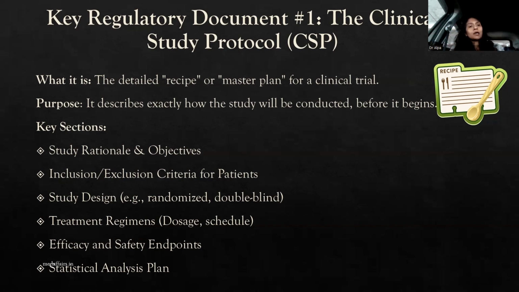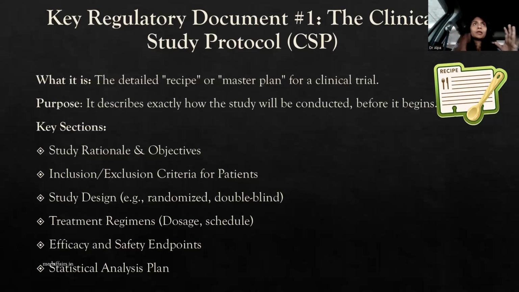So what exactly are you going to do in that particular drug study, including study objectives, the inclusion and exclusion criteria for patients, how will your study be designed? Is it an observational study or a randomized controlled trial? What all treatment regimens have been used?